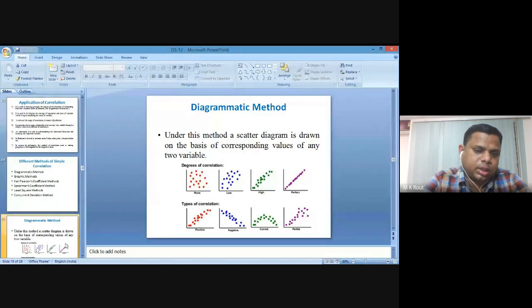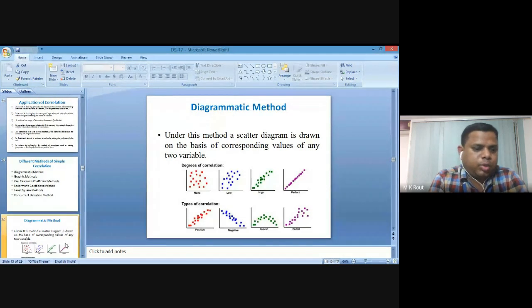You use a particular color or pen to mark on the graph paper. So these are known as scatter diagrams. Basically, the diagrammatic method uses a scatter diagram, which represents two variables: one lies on the x-axis, another on the y-axis.